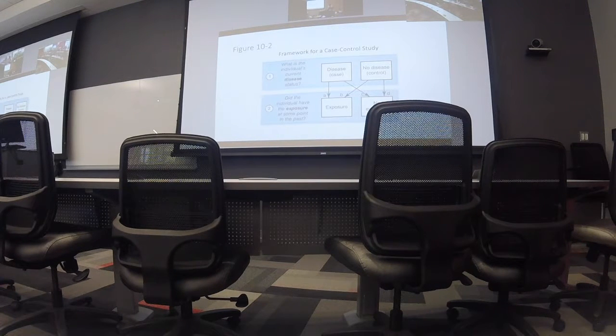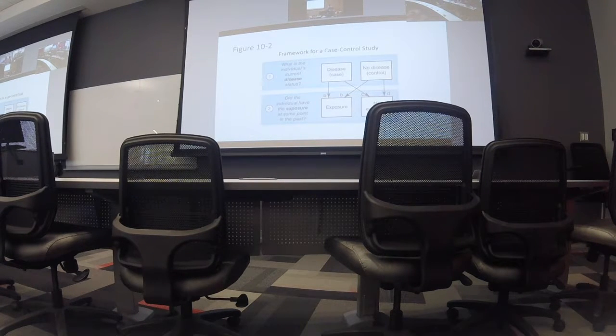Then the other question you want to ask when you're thinking about a framework for a case control study is, did the individuals have the exposure at some point in the past? So in the past, did individuals smoke, which is the exposure, or did they not smoke, which is the non-exposure? This is the traditional framework for the case control study. You could be a diseased individual, as in you developed lung cancer and you did smoke.